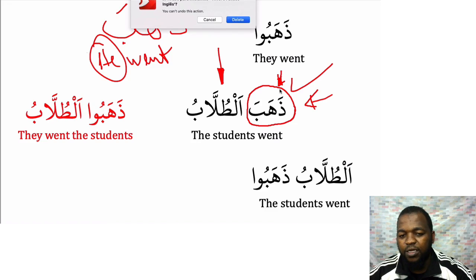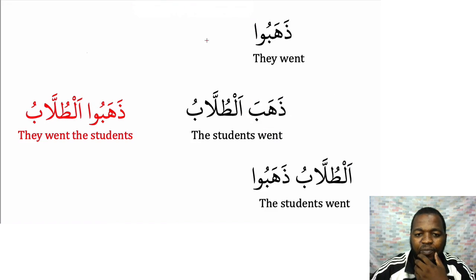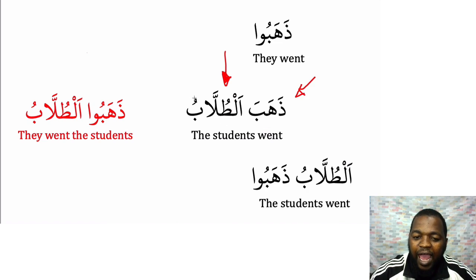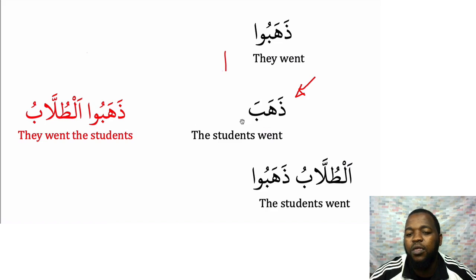So if the subject is here, you say that the subject is here. The verb is ذهب and the subject is الطلاب. Now, if I hide the subject and I ask you where is the verb, and where is the subject, well, here you say the subject is hidden.